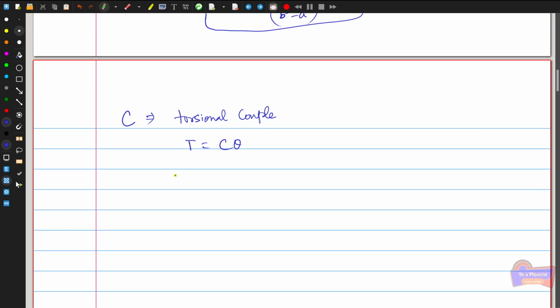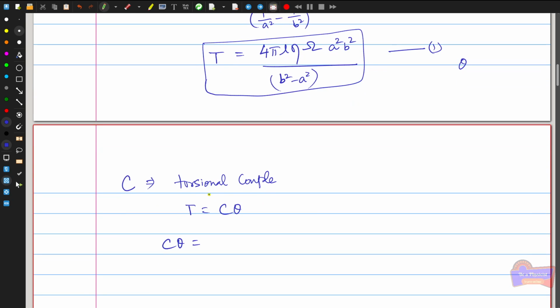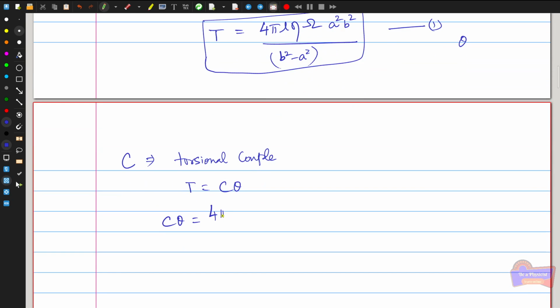So I find that C theta is equal to 4 pi L eta omega a squared b squared, the whole divided by b squared minus a squared. And from this I can easily find out the coefficient of viscosity.